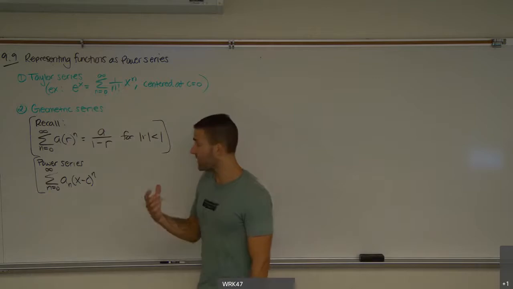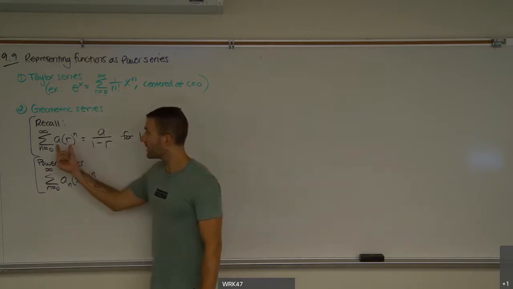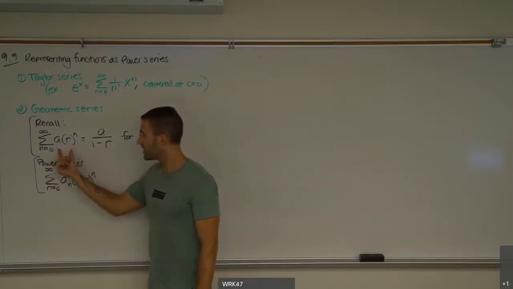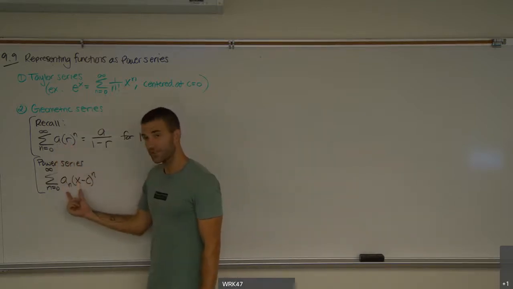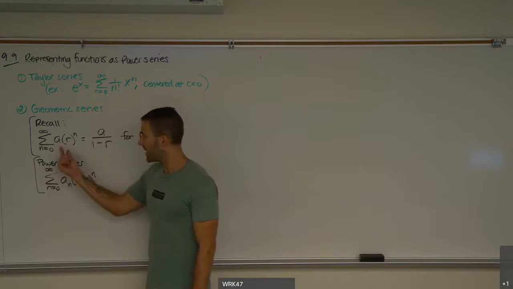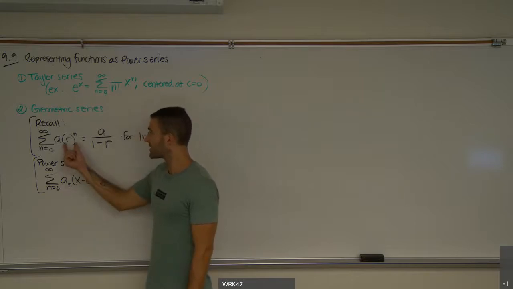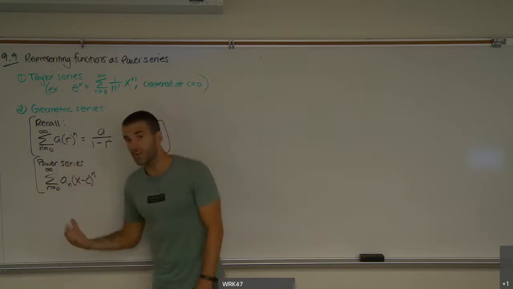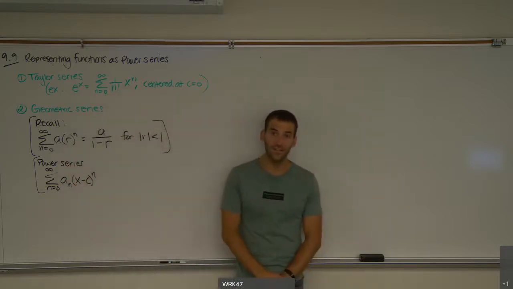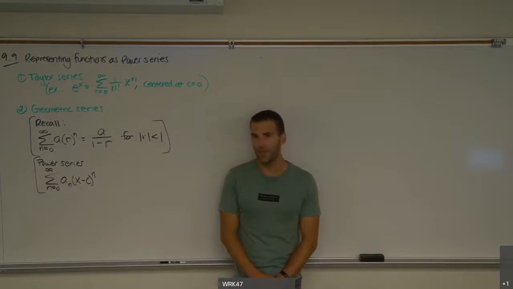Well, why do I bring up geometric series again? Because look at the similarities between a geometric series and a power series. Instead of a constant a, we have some varying constants, a sub n, some sequence of constants. Instead of a fixed number r, we have some variable x minus c, still raised to the power n.